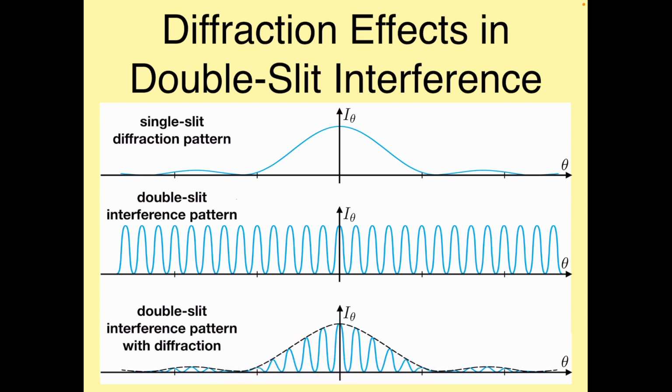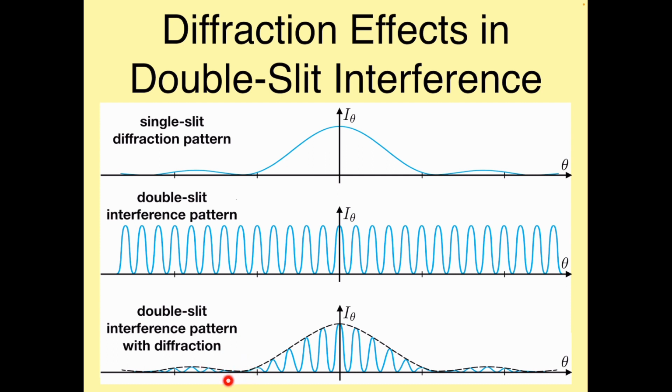And I want to point out something in particular about this graph. You notice that where we have a diffraction minimum, it actually cancels out the interference maximum. So even though the interference pattern is peaking somewhere, if we're essentially multiplying that by 0, which is where our diffraction pattern is hitting a minimum, then we'll have a minimum.